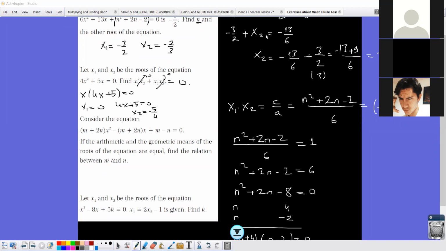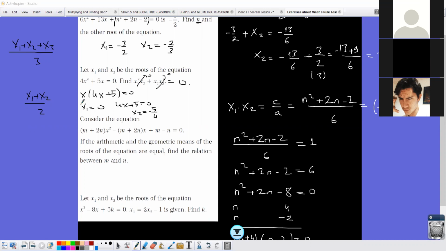Arithmetic mean is when we have, for example, two roots, x1 plus x2 over 2. If we have 3, x1 plus x2 plus x3 over 3. This is arithmetic mean, to find the average. Yeah, the average. But the geometric mean is we are multiplying them.